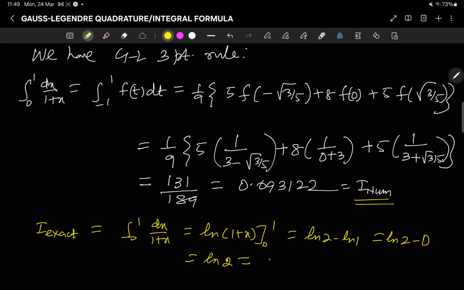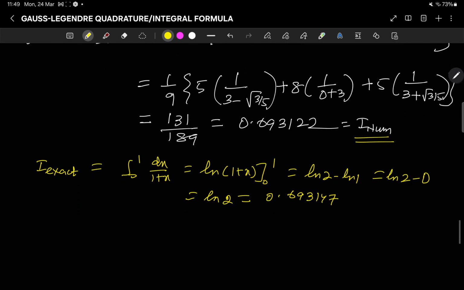The value of ln 2 is 0.693147. So if you want to find the error, this minus this, okay, this is the larger one.